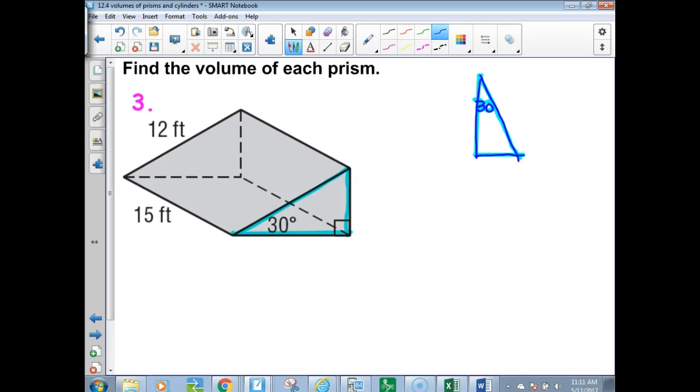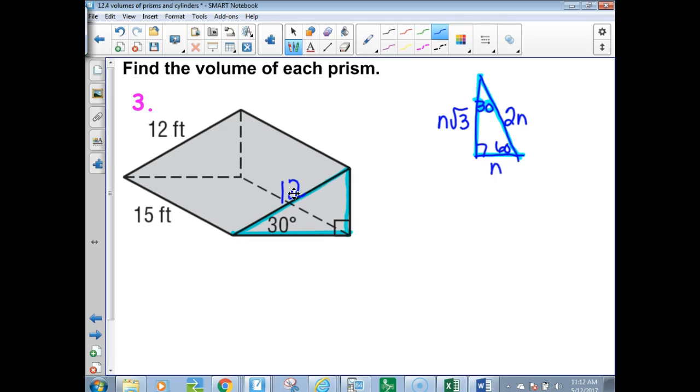If that's 30 and this is 60, 90, the short leg is n, the hypotenuse is twice the short leg, 2n, and the long leg is n times the square root of 3. We've got a 30, and this hypotenuse is 12. That base has the same length as this one.